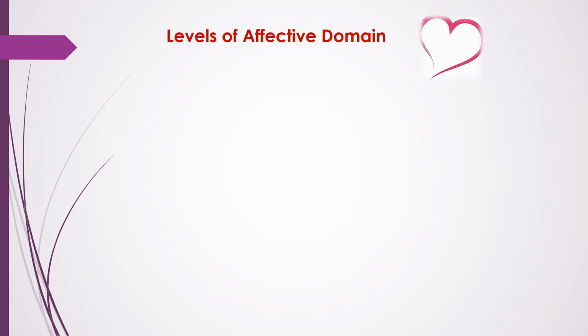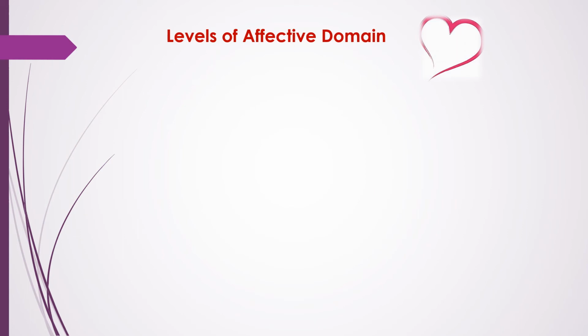Okay, so let's talk about the levels of affective domain. When we say affective domain, it is concerned with feelings or emotions. So it talks about our emotions and feelings towards something or someone.